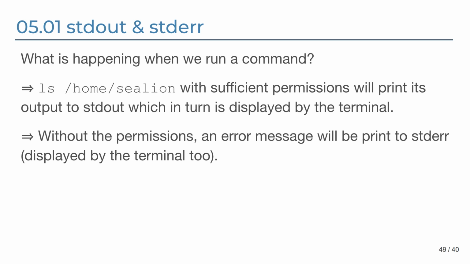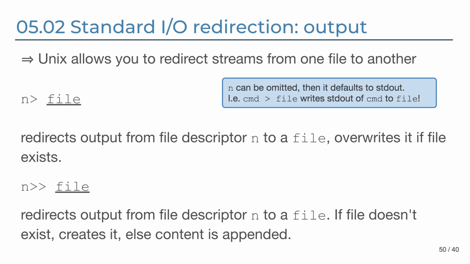So far so good, nothing new. However, it gets new because we can do something cool with it: we can redirect our input and output somewhere else. Let's say we have some command that prints something out and you want to store that information. We can either just run it, copy, paste, put it into a file, upload the file, or we just do it directly in one command.